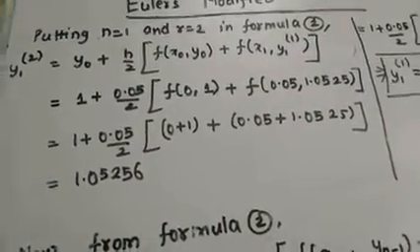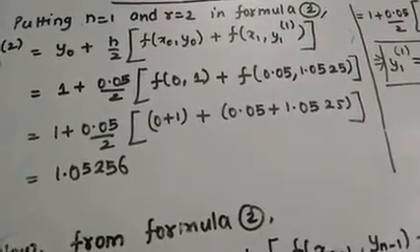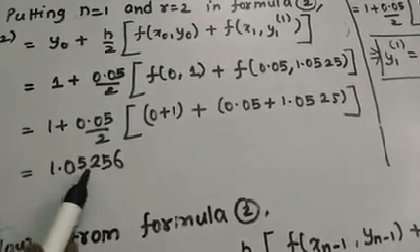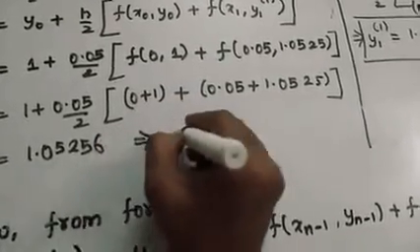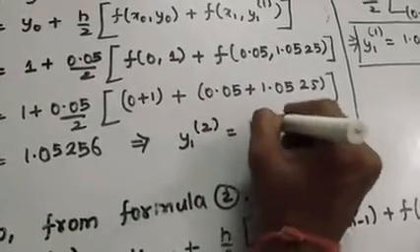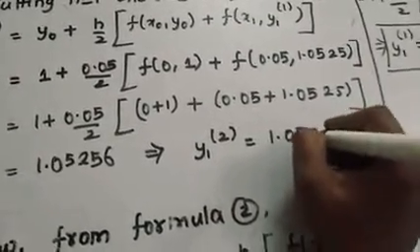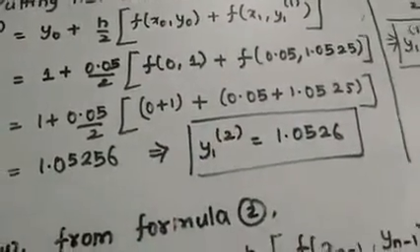In the question, if you remember, it was up to 4 decimal places. So 4 decimal places, 0, 5, 2, 5, this is 6. So if you approximate this, you will get y1 at the second stage as 1.0526. Okay, this is y1 at the modification stage 2.